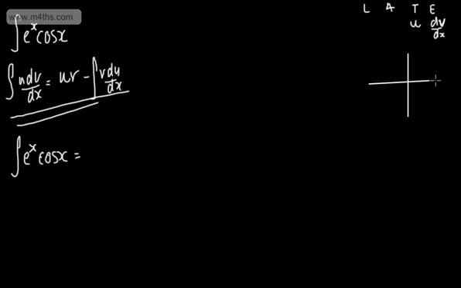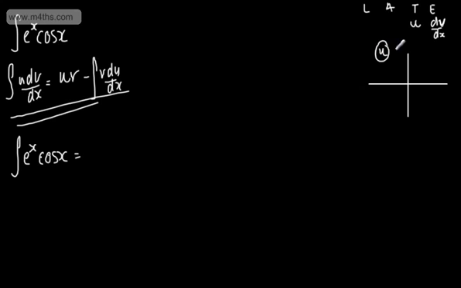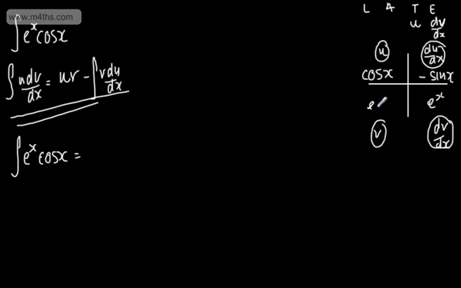You'll see that many times students get into an awful spiral right here. Let's say u is cos x. Then du dx, the derivative with respect to x, is minus sine x. dv dx we take to be e to the x, and conveniently the integral v is e to the x.